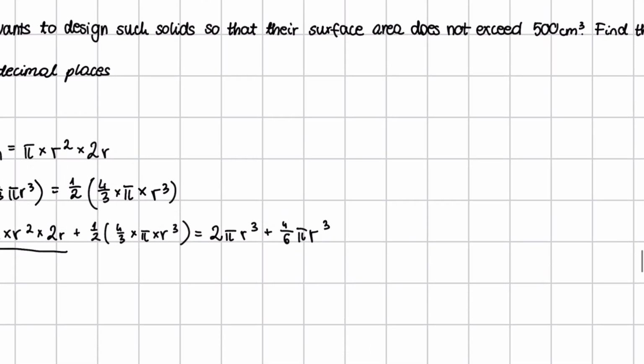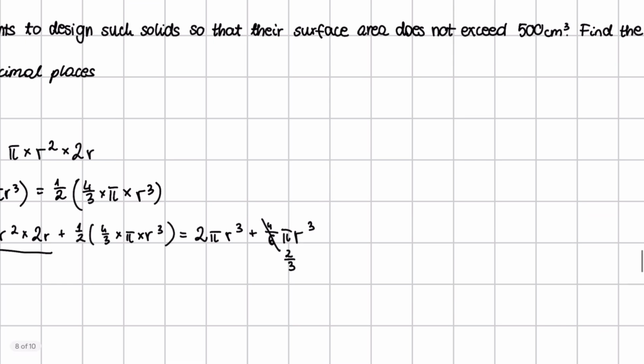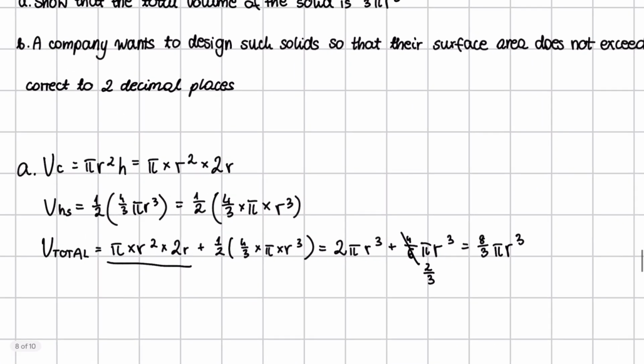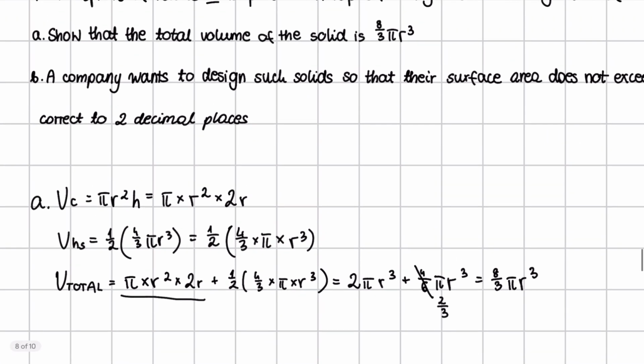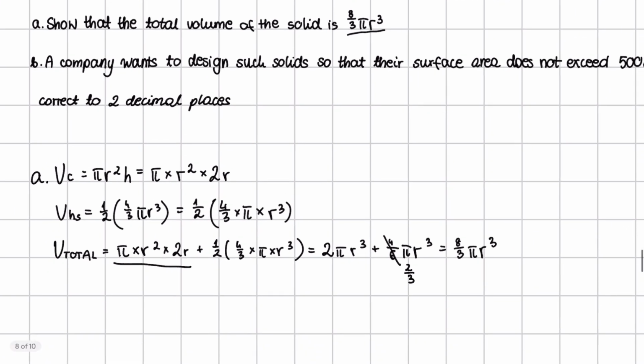So this is 2 over 3. So 2 plus 2 over 3 is basically 8 over 3 times pi times r to the power of 3, and this is our volume that we had to show.